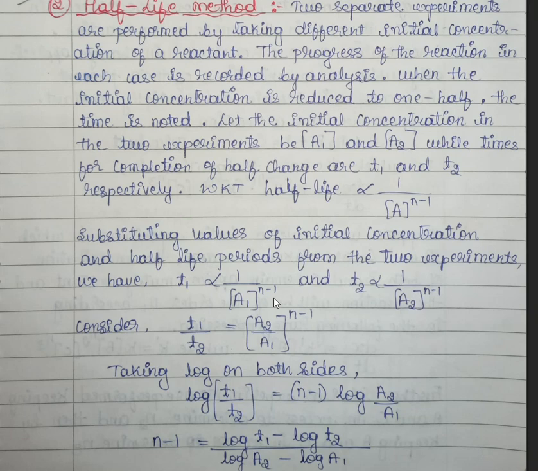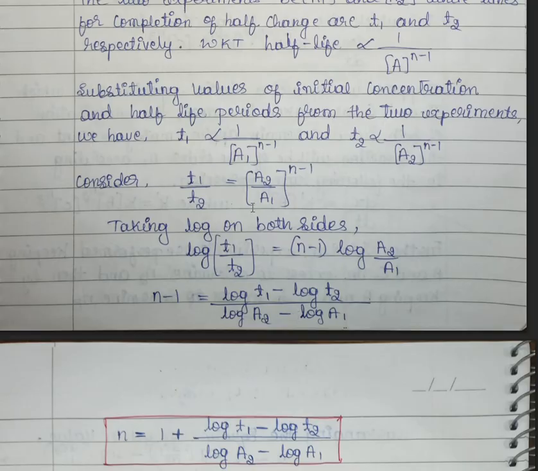So we divide equation 1 by 2. T1 divided by T2 is equal to, it will become the reciprocal, because it is 1 by A2 in the denominator. Hence we get A2 divided by A1 whole to the power n minus 1. We take log on both sides.